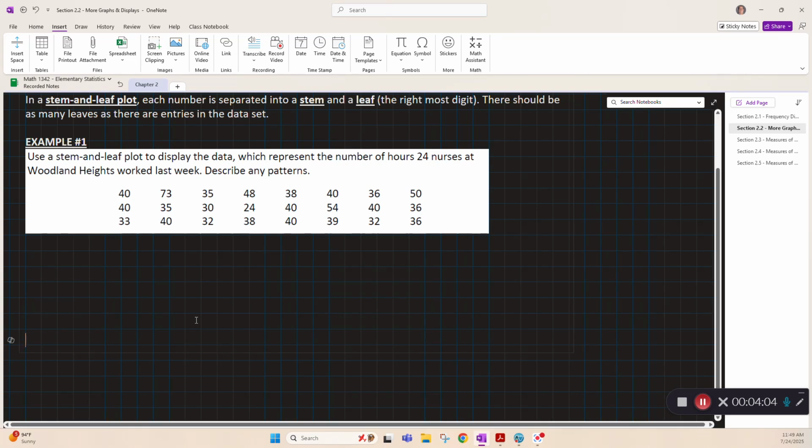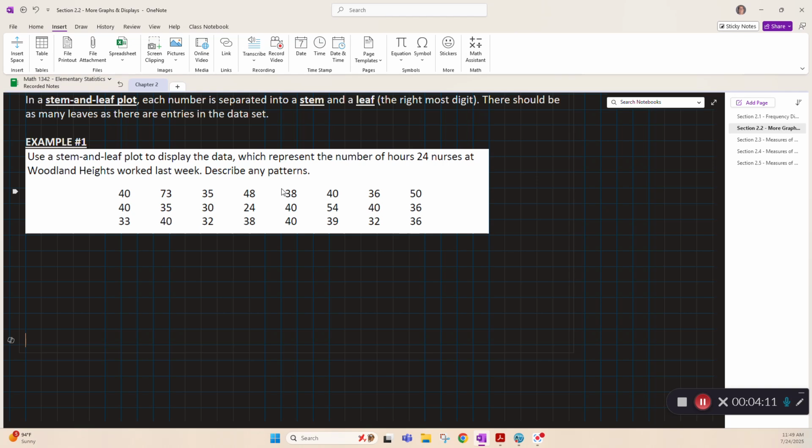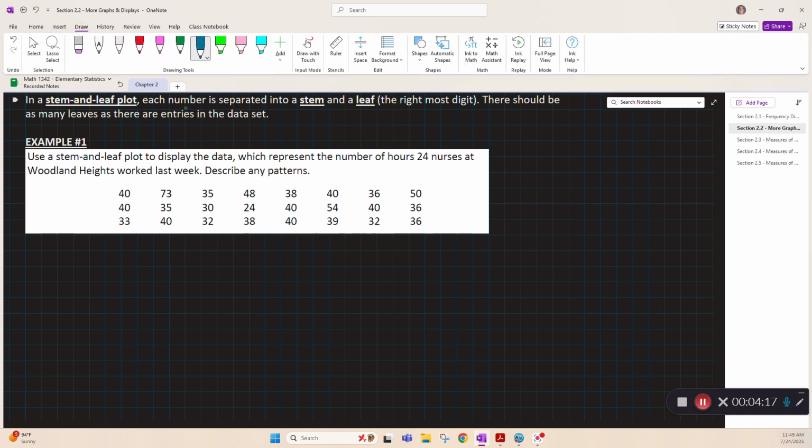So when we're looking at this, we need to first look for, kind of like on the histograms and the frequency distributions, our max and our min. That's kind of our first step on a stem and leaf plot, because you need to know where to start the stems. So as I'm looking, I'm going to look for the min first.